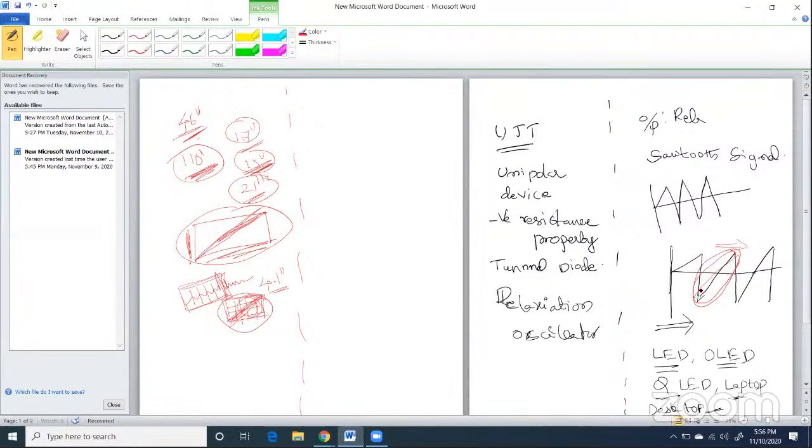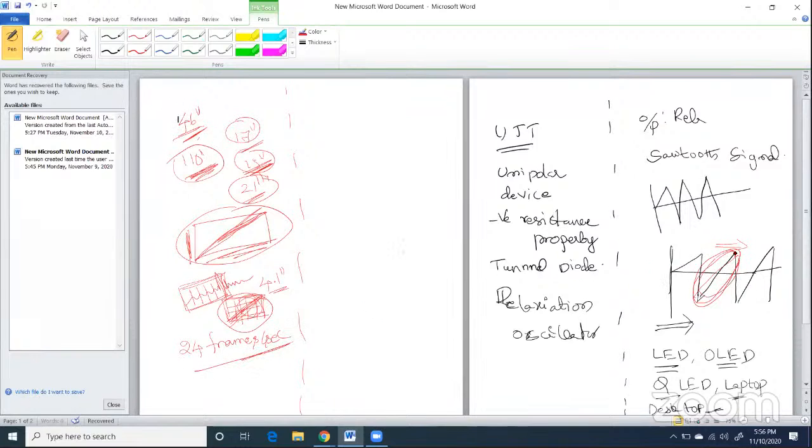How many times is it sweeping to induce the waveform? What is the pixel rate or the broadcasting rate? In India, it is 24 frames per second. 24 frames per second means per second it is repeating.